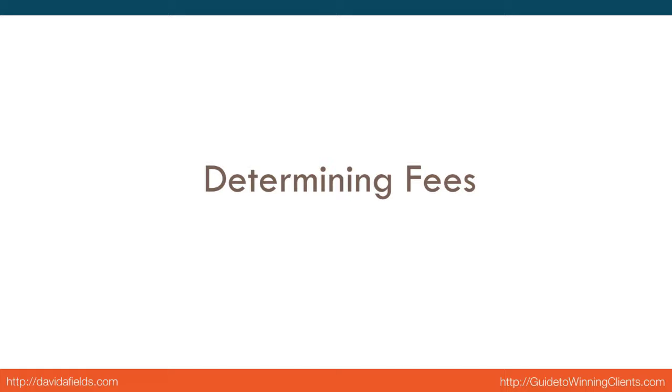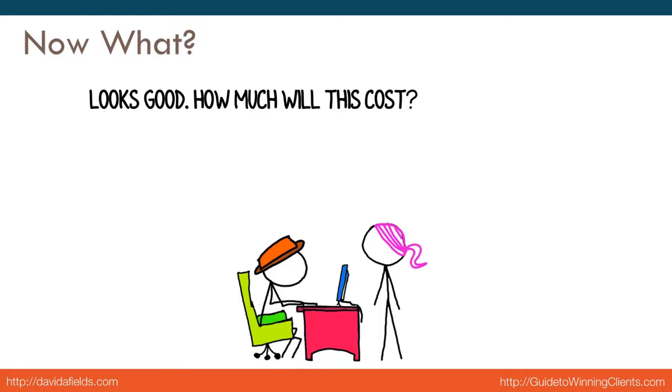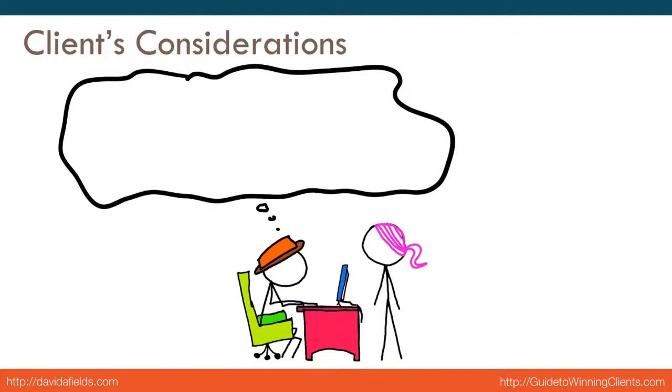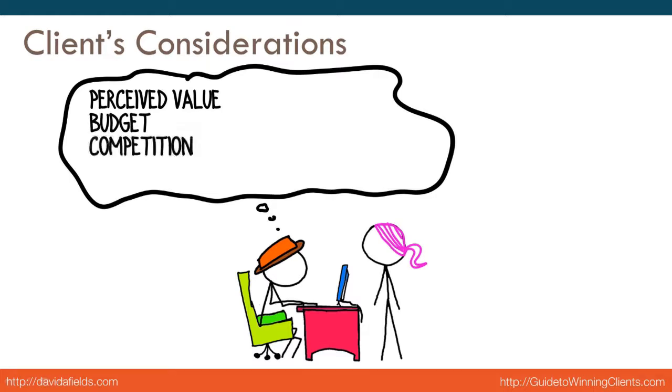How do you know what price to put on your services? There's a lot to consider. Your client's thinking about a lot, and you're thinking about a lot. On the client side, he's evaluating what he thinks the value of the project is, and he's thinking about his budget, maybe what fees your competition would charge for the project, and what the ROI of the project is.